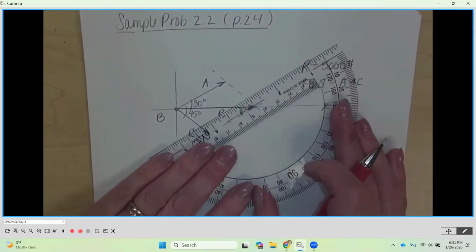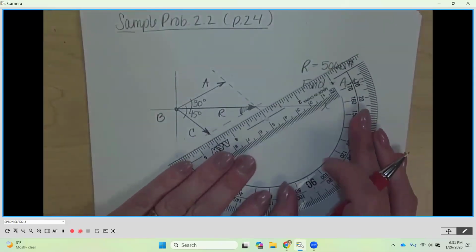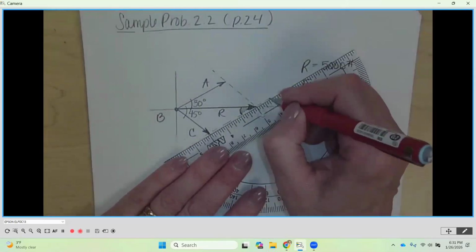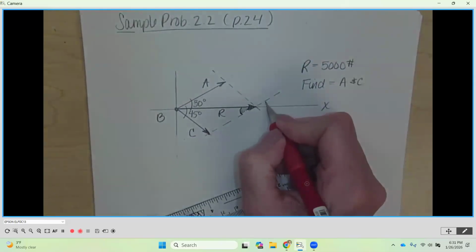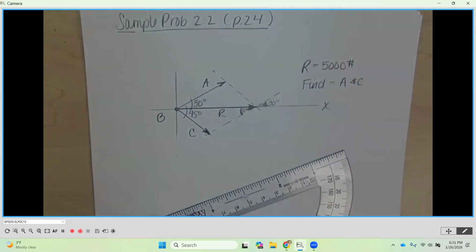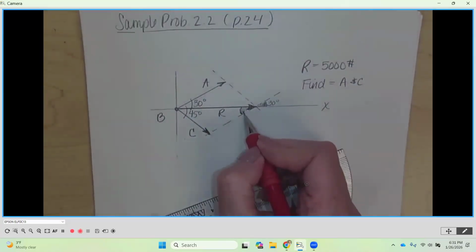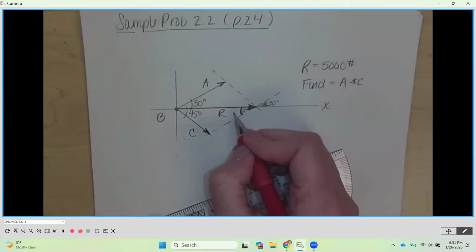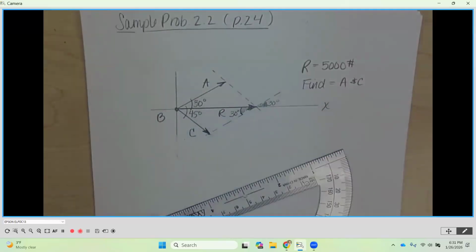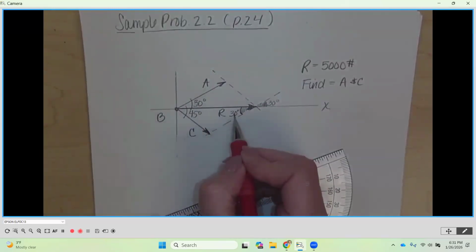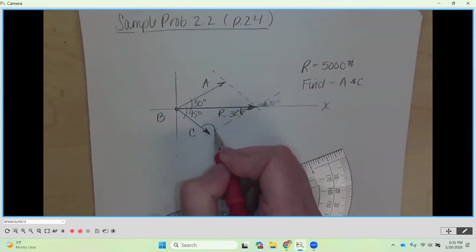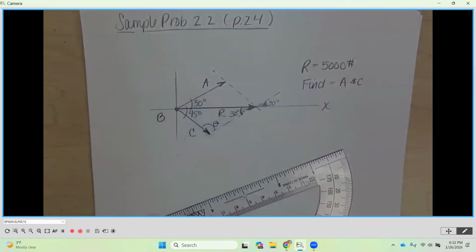Remember, this line is parallel to this one. Okay. So if I extend this line up a little bit, this angle is 30 degrees, right? Because that's what this angle is. So opposite angles, is this 30 degrees? Yeah, it is. Okay. If this is 45 and this is 30, what is angle theta right there?